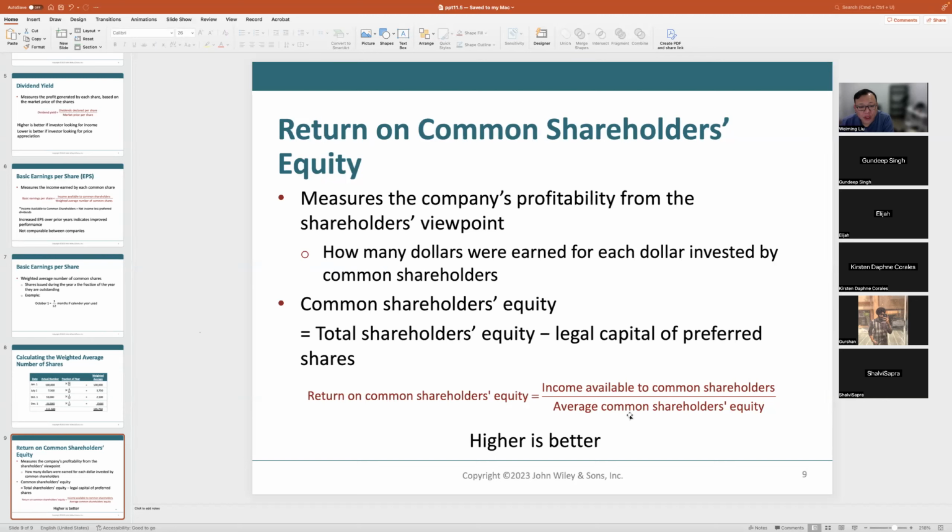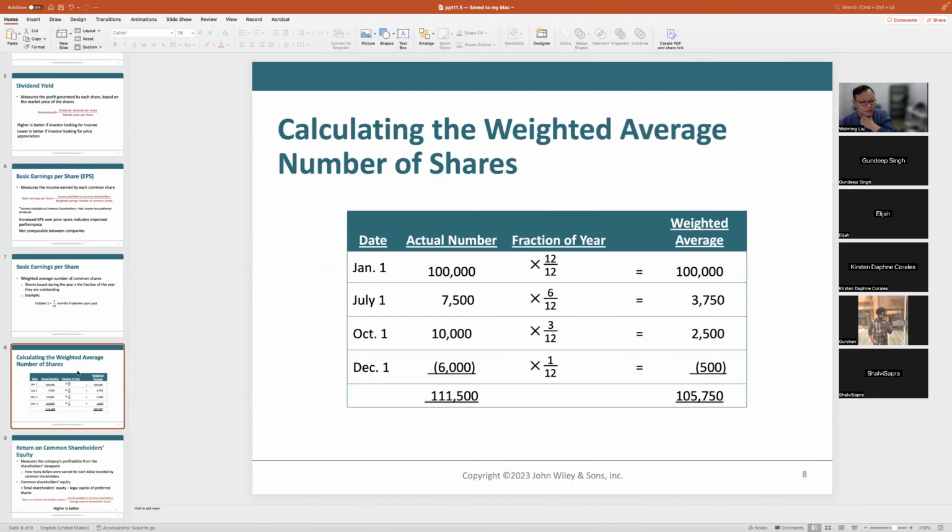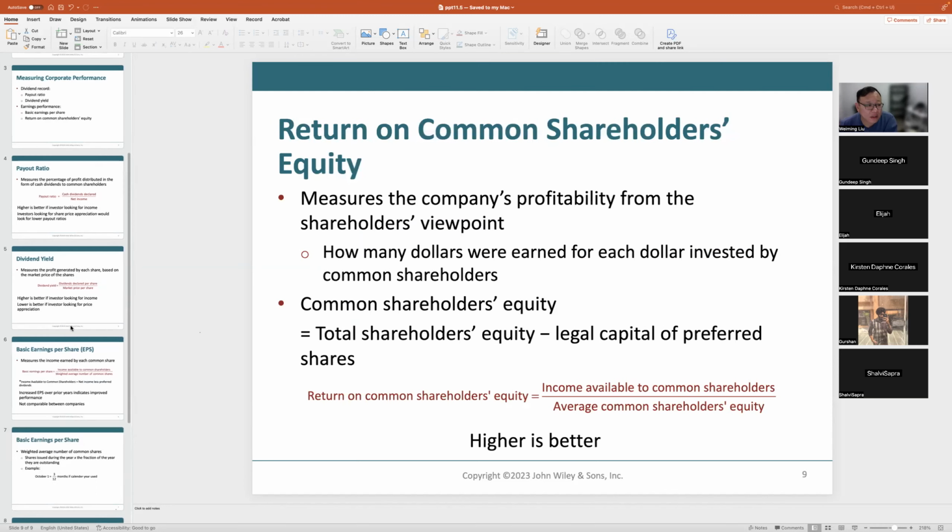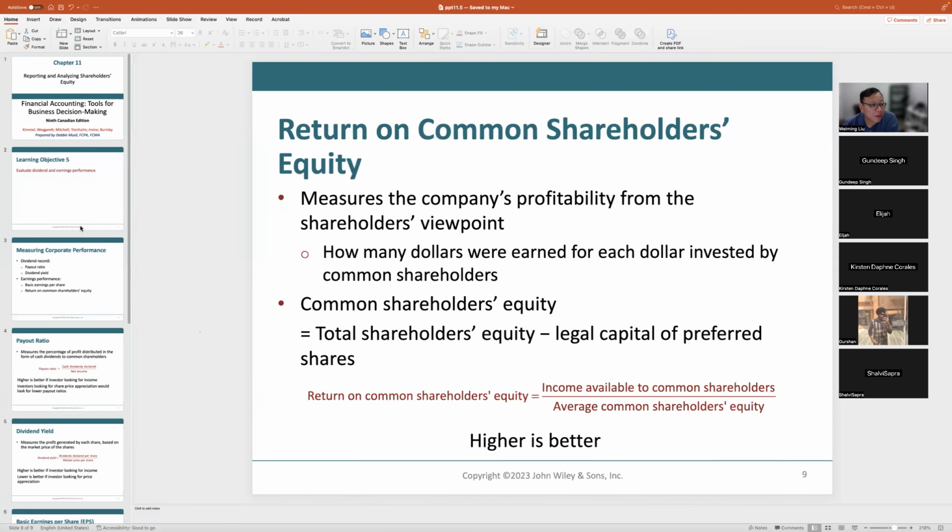So what is the common shareholders' equity? It's the total shareholders' equity minus the legal capital of preferred shares. So this concludes our 11.5.